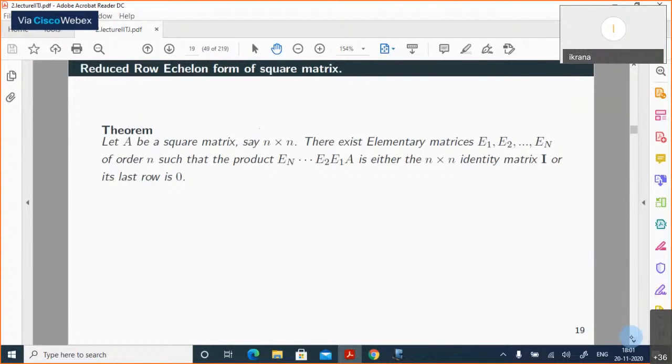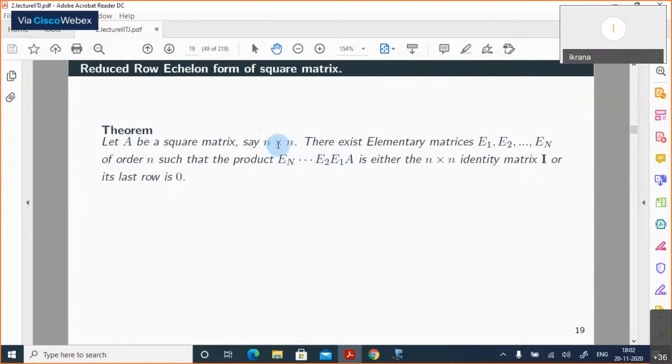So the theorem says, and I can revise it slightly for the special case of an n cross n matrix. If A is a square matrix of order n cross n, there exist elementary matrices E1, E2, up to En, such that if we bring this matrix to reduced row echelon form, A multiplied by E1 up to En equals the reduced row echelon form. Then how many pivots are possible at maximum?